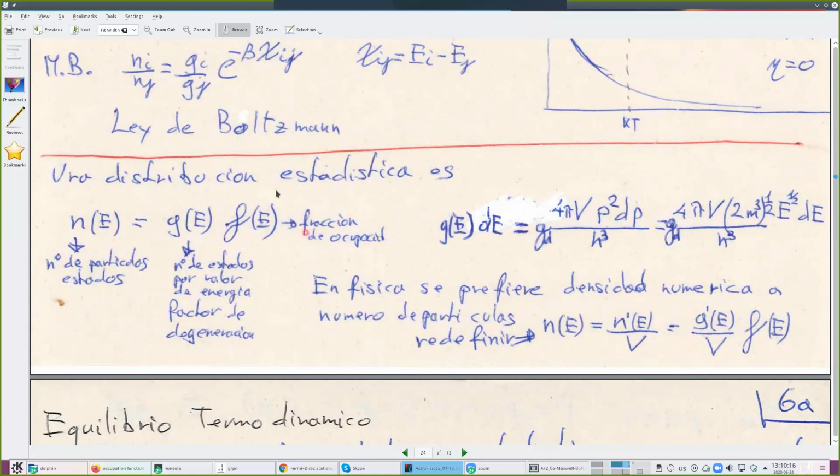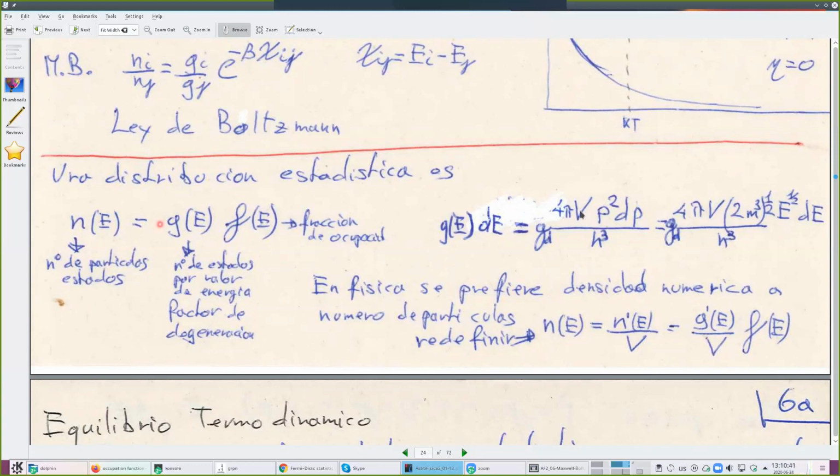Usually in statistical distribution, we have the number of particles, N, but in physics, when we talk about gas, we use the numerical density, so we divide by the volume. It doesn't change a lot.